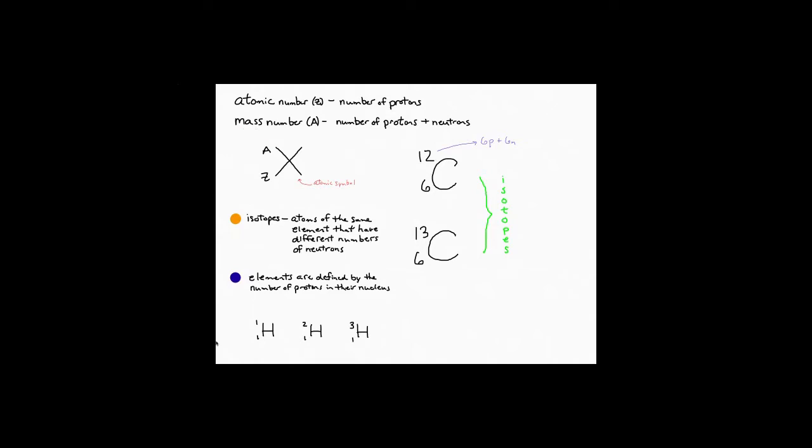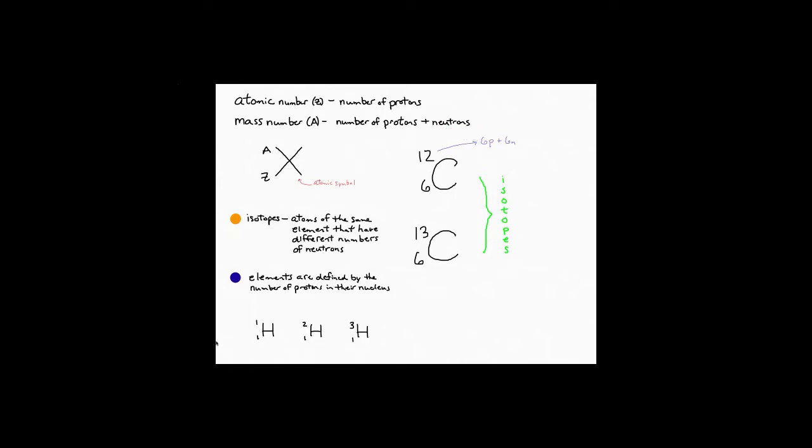Now, all atoms of the same element will have the same number of protons. So I've given two examples on the right here. The first one is that of carbon-12. And you'll notice that I've represented it with its atomic symbol, C, and 6 protons. Carbon has 6 protons in its nucleus, and in this case, the mass number 12 is for 6 protons and 6 neutrons in its nucleus.